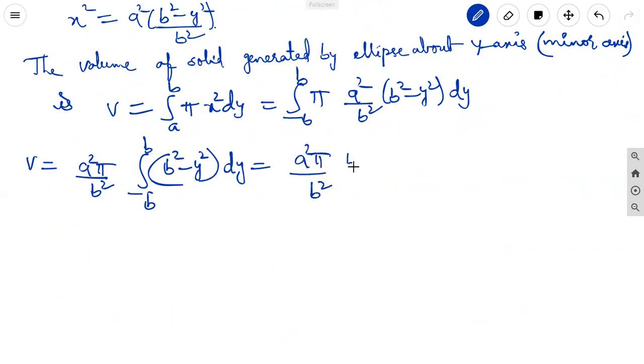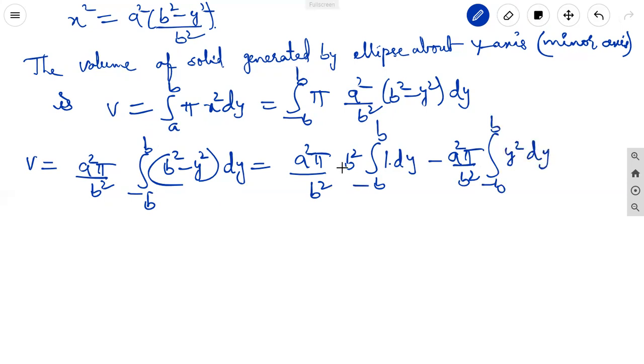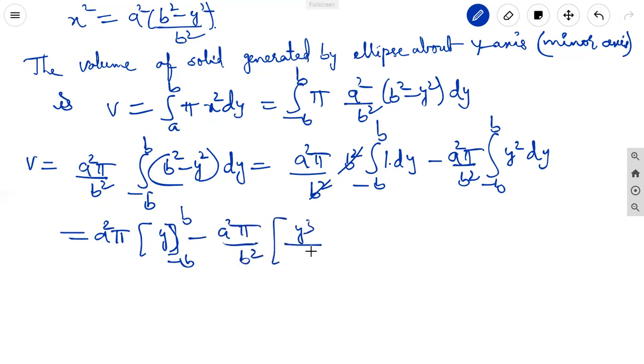From the first term b squared, write outside integral minus b to b 1 dy, minus a squared pi by b squared integral minus b to b y squared dy. Here b squared cancel. It is equal to a squared pi into 1 dy integration is y, limits from minus b to b, minus a squared pi by b squared. y squared integration is y cubed by 3, limits from minus b to b.